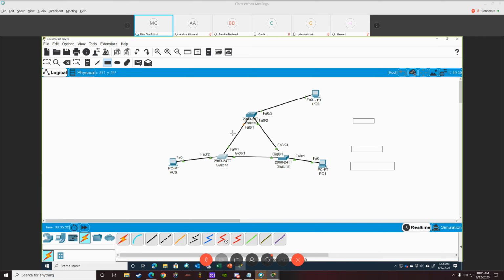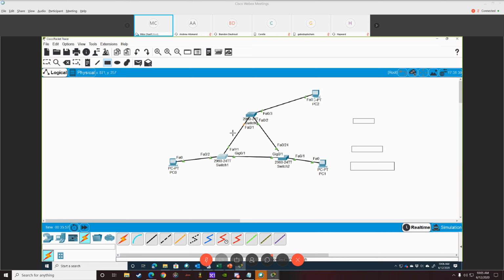From that reference point, we can decide which side we need to block. You follow? That reference point, we call the root bridge.